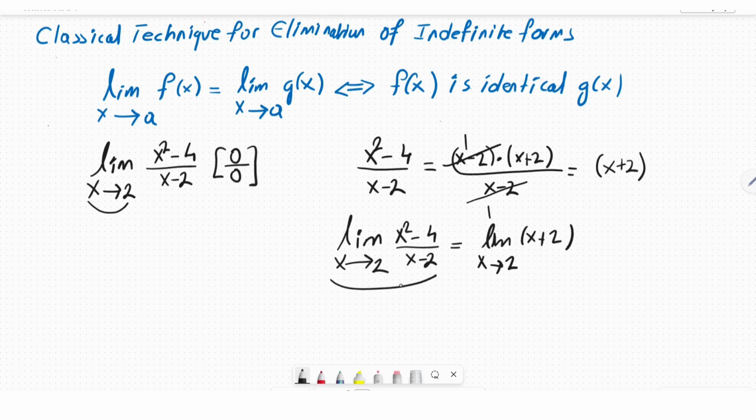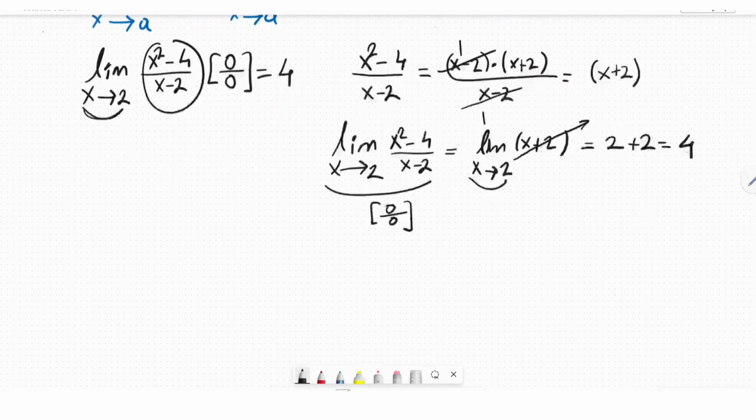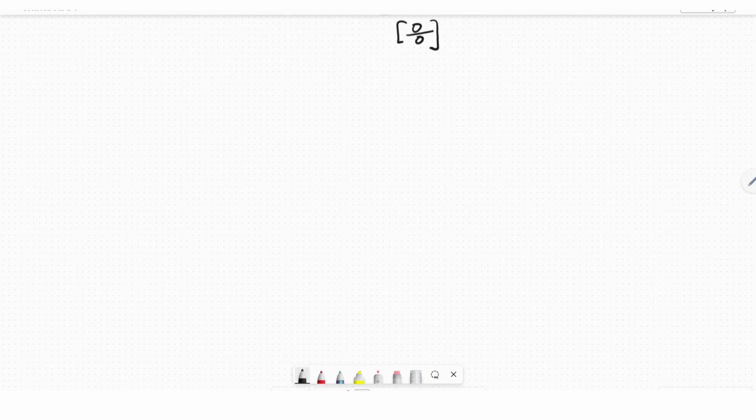In the left hand side, we have 0 over 0 indefinite form. What about second limit problem? As you see, we can directly substitute x is equal to 2 into our expression, and we get 2 plus 2 limit value. Then we can directly say that limit value of this function is 4 as x goes to 2.